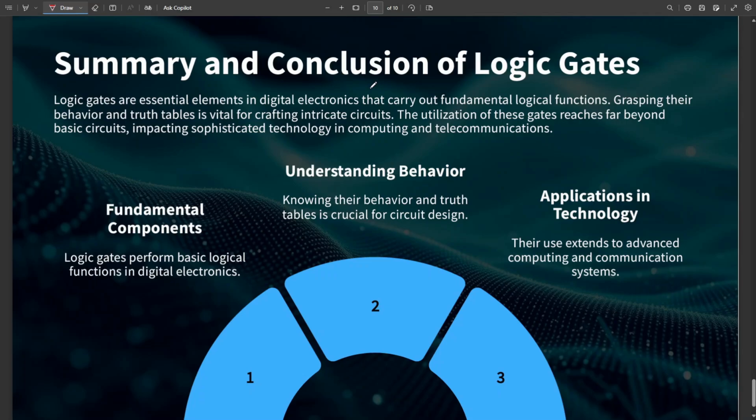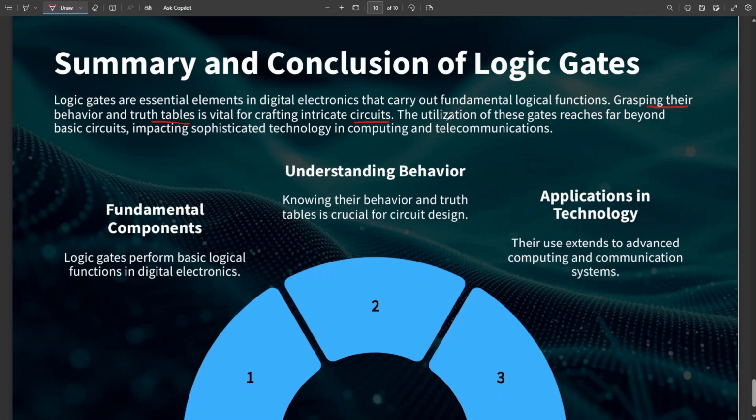Understanding how they behave, especially through the truth tables, is the key to moving on to more advanced stuff like designing adders or memory elements. So logic gates are essential elements in digital logic to carry out fundamental logical functions. Grasping their behavior and truth tables is vital for crafting intricate circuits, right? Like we discussed.